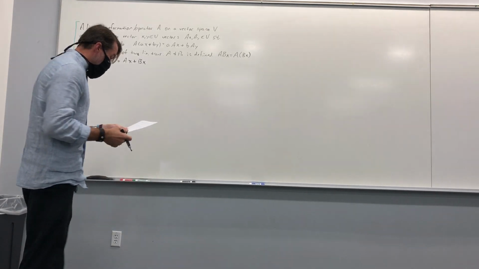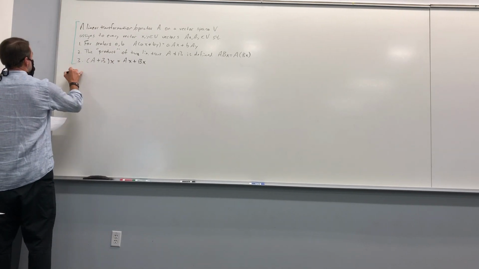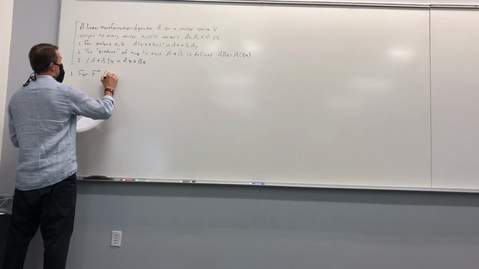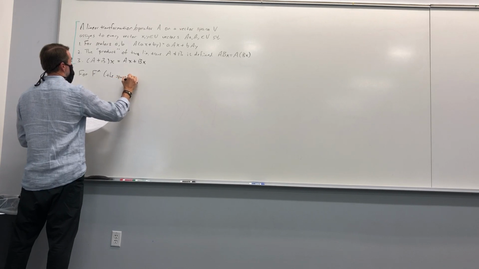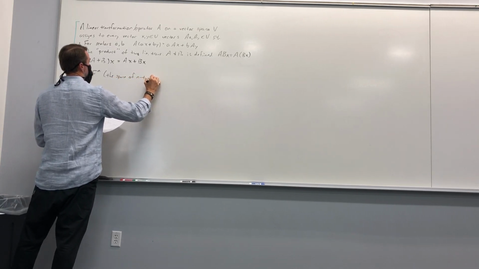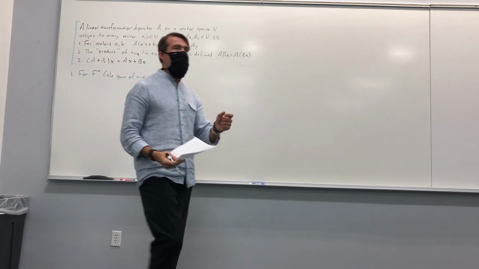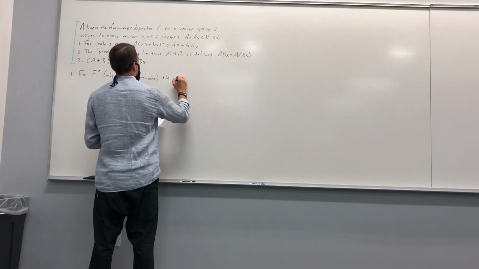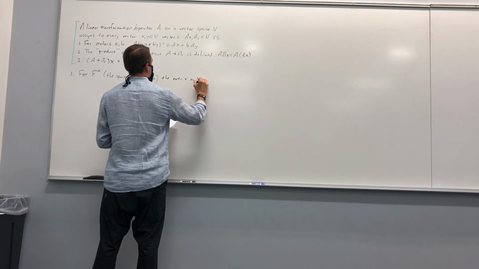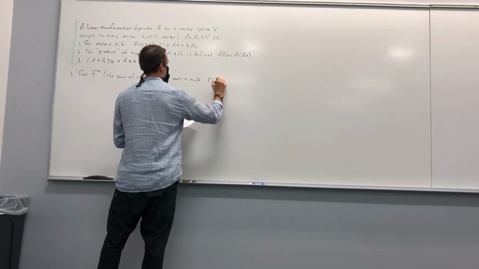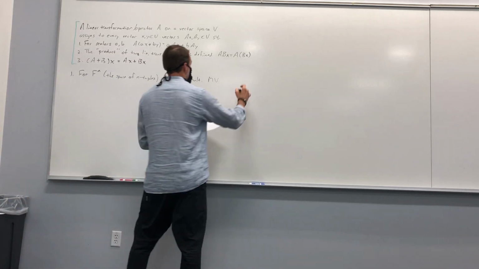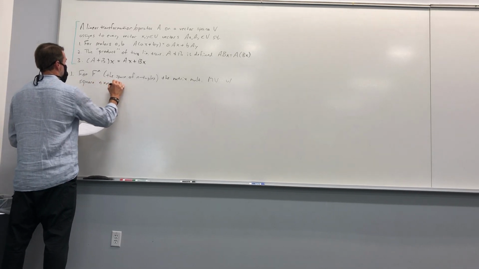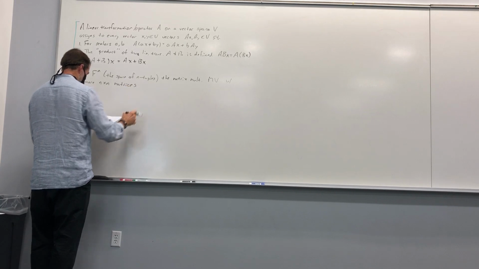Now, let's consider some examples. So first and foremost, for F^n, and remember this is the space of n-tuples, that is, it's an n-element thing, the matrix multiplication M times a vector v with square n by n matrices works.